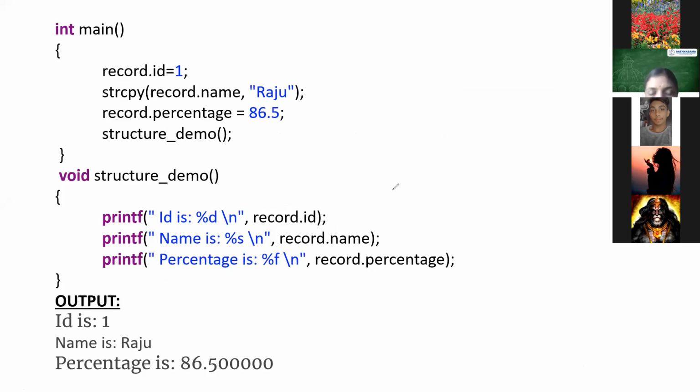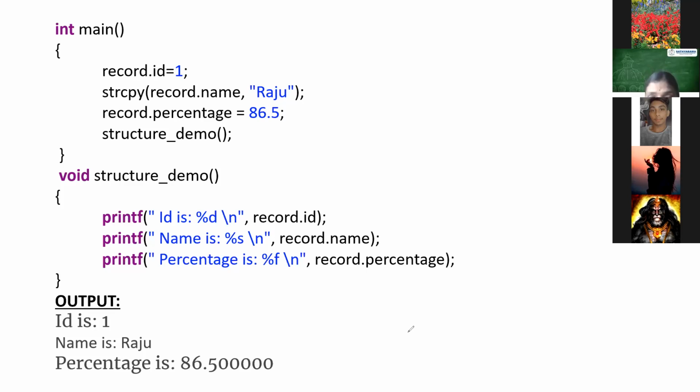So instead of declaring inside the main function, whenever I declare it outside, immediately after defining the structure and before declaring the function, if I create a structure variable for that particular structure, then I'll call it a global declaration of structure. Please note down the difference, right?